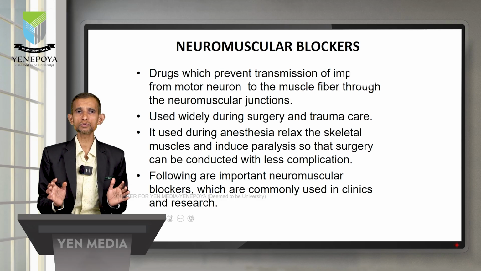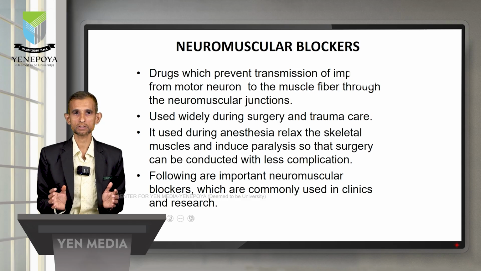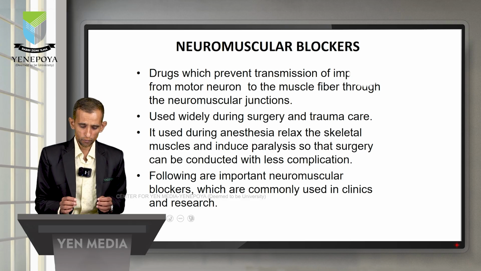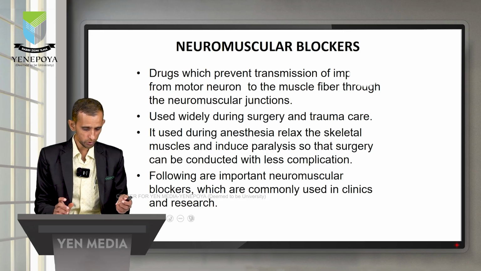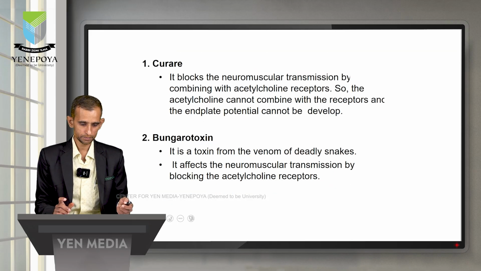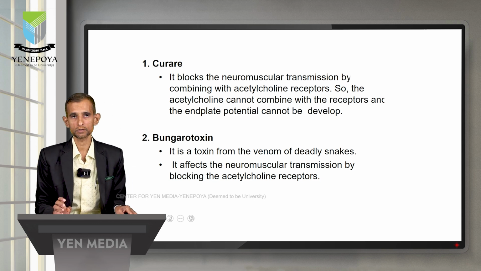They are widely used during surgery for anesthesia to relax the skeletal muscles and induce paralysis, so that surgery can be conducted with fewer complications. The important neuromuscular blockers are curare and bungarotoxin.